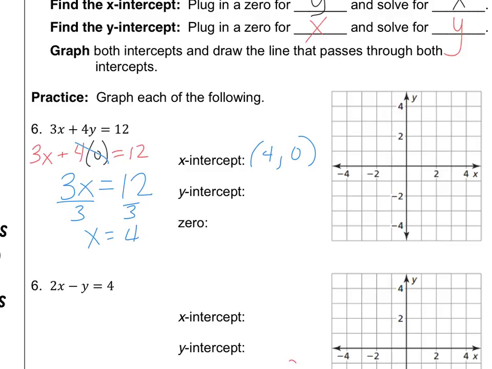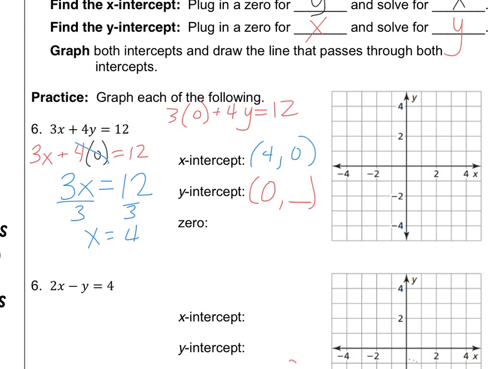Okay, now we have to do it again, but this time we need to find the y-intercept. So our y-intercept, we're solving for the y value. So we go ahead and plug in a 0 for the x. So I'm going to do that right over here. 3, plug in a 0 for the x, plus 4y equals 12.